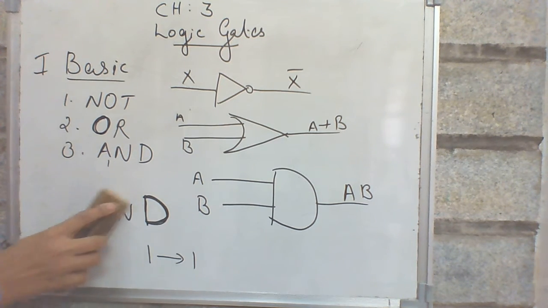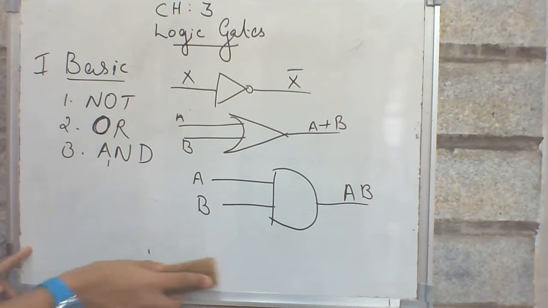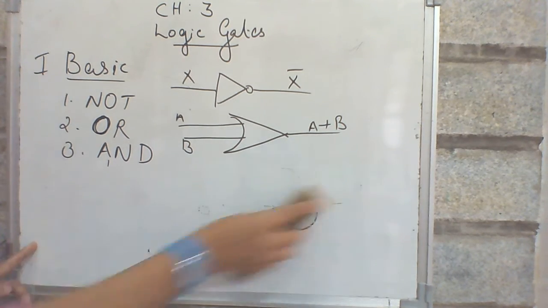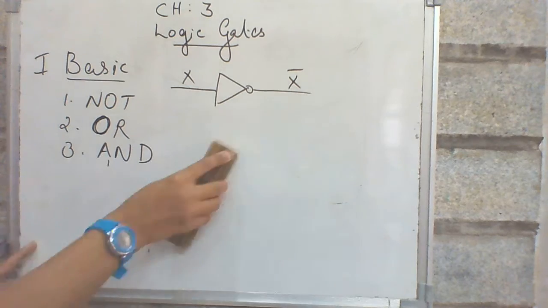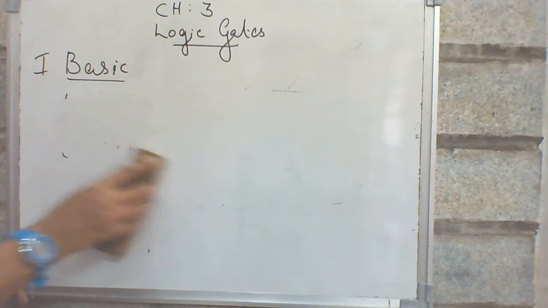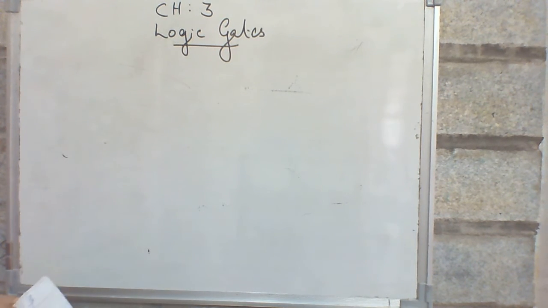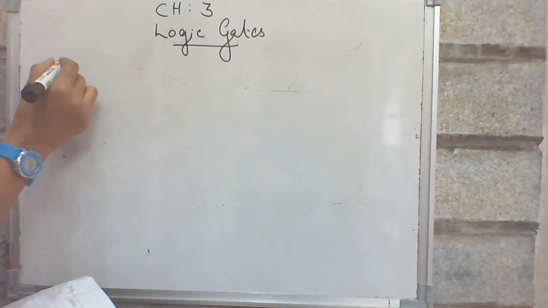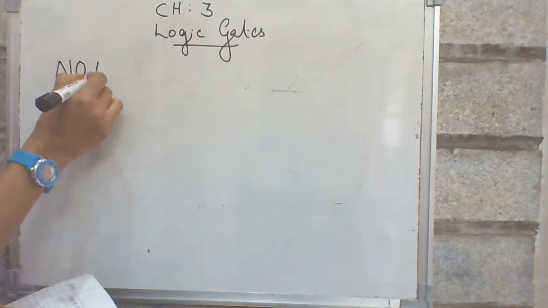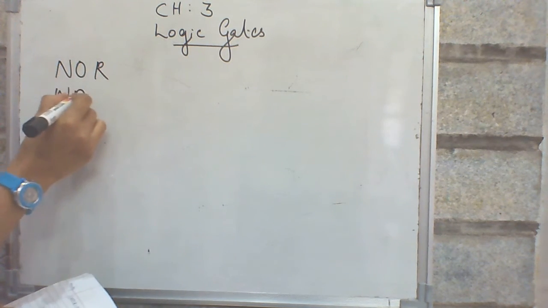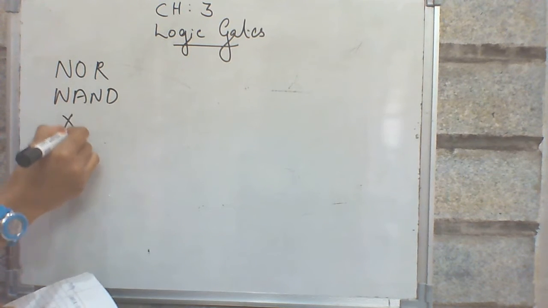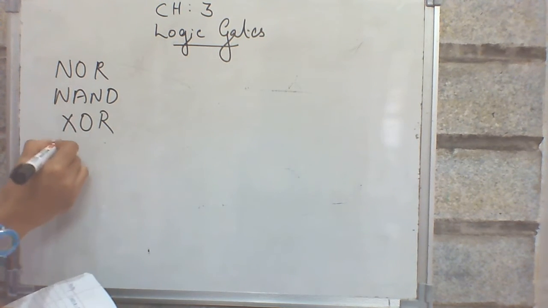Now we can consider the derived gates. Derived gates are NOR gate, NAND gate, XOR gate and XNOR gate. What are the gates? NOR, NAND, XOR, XNOR.